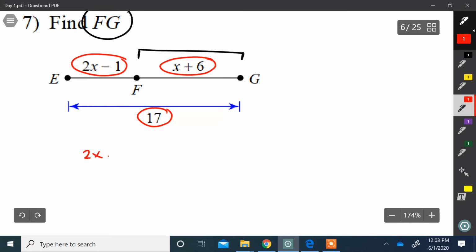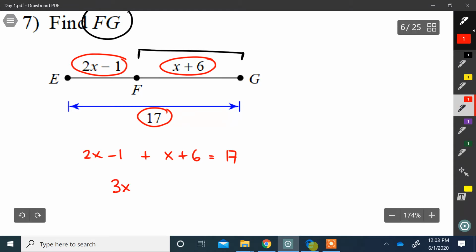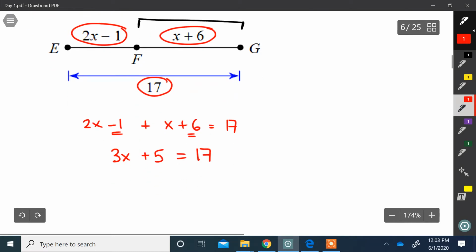So 2x minus 1 plus x plus 6 is equal to 17. We add the 2x plus x, which is 3x, and then negative 1 plus 6 is 5. Move the 5 over. We end up getting 12. That means that x is equal to 4.